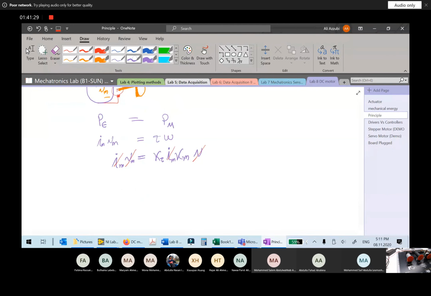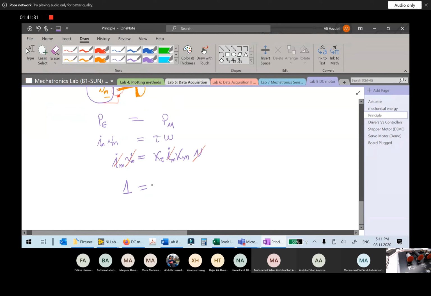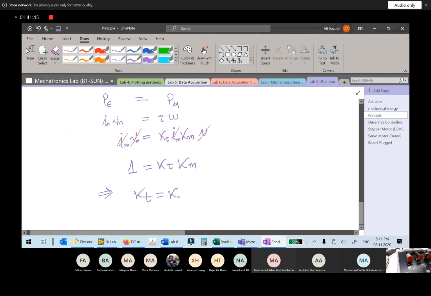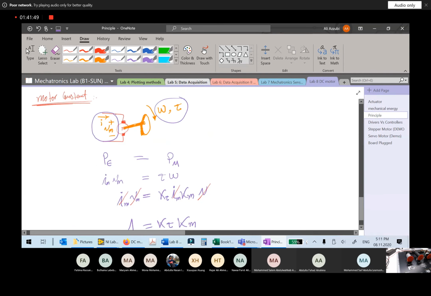So you have 1 equals the torque constant times the velocity constant, which means that Kt is equal to Km. I put M here or omega? Yeah, M, so I'm going to keep it. Okay, so K torque is equal to Km.